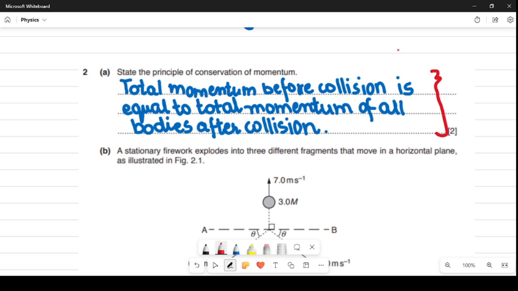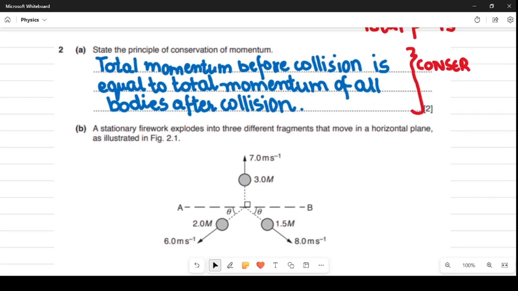In other words, you can say that your total momentum is conserved, right? You can also phrase it as total momentum of all the bodies before and after collision is conserved.